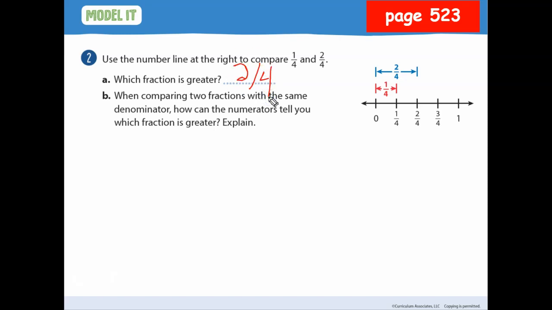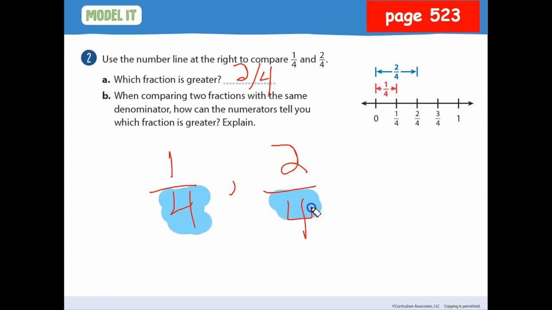Okay, when comparing two fractions with the same denominator, how can the numerators tell you which fraction is greater? Well, look, I have 1/4, okay, and then I have 2/4. Okay. My denominators are the same. How do I know by using the numerators?